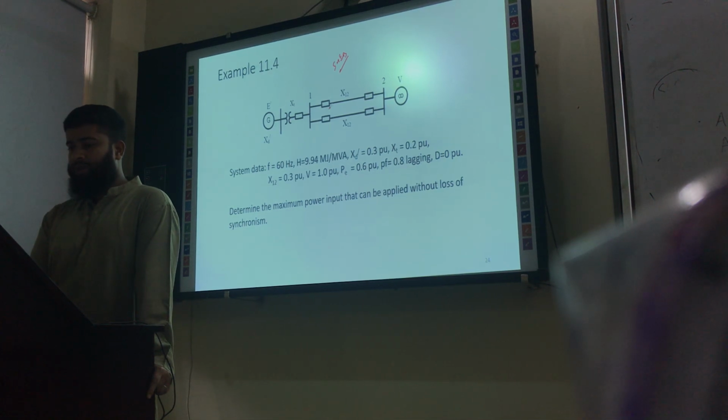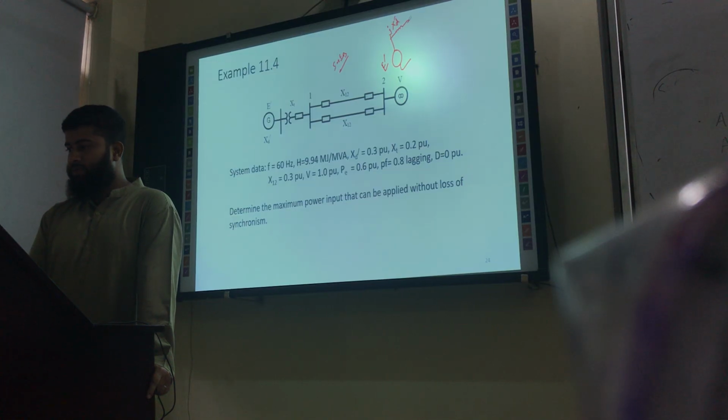So we can draw the equivalent circuit of this system. How? Let's say this is our synchronous generator and the voltage is E dash, and the transient reactance of the synchronous generator is Xd dash, so we can represent it as jXd dash.